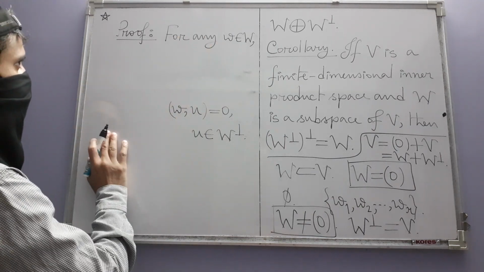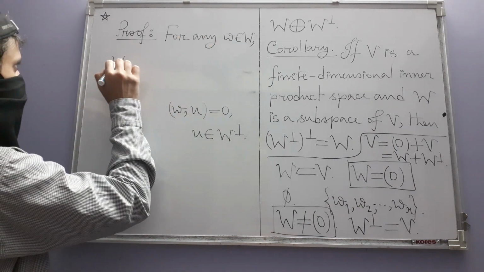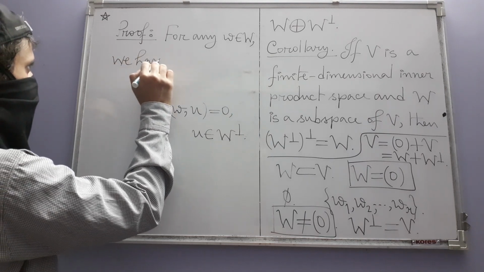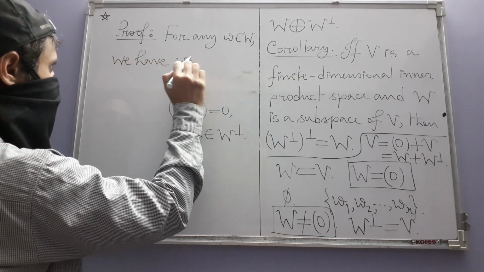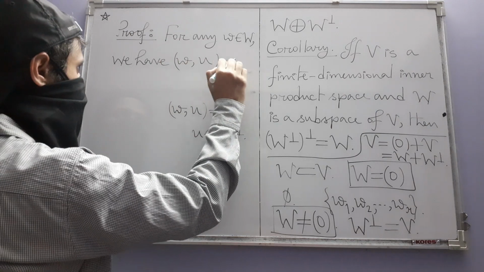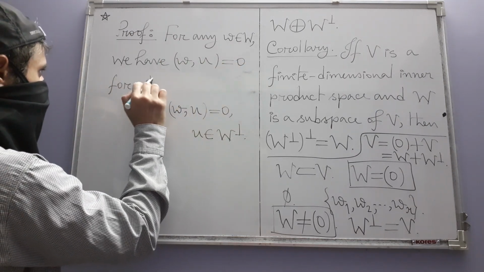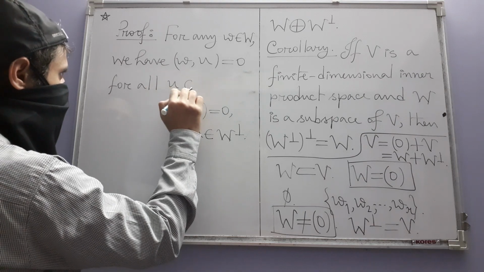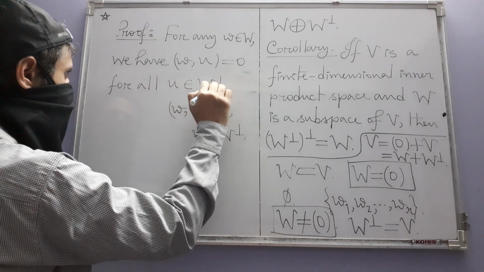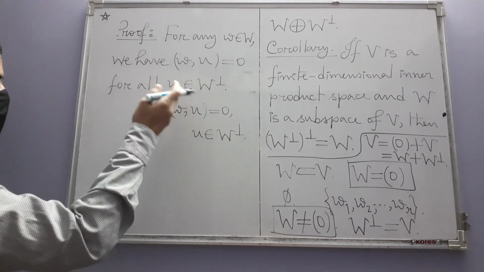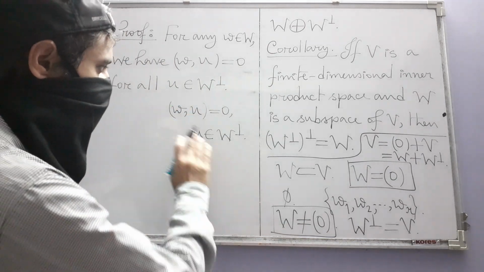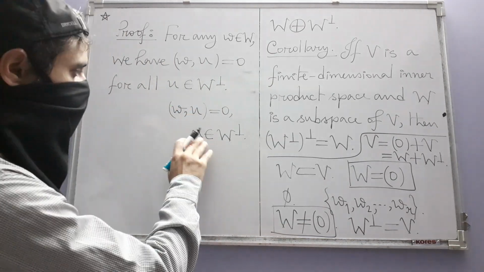So for any w in W, we have the inner product of w and u equal to zero for all u belonging to W orthogonal. So here it seems like we have just simply written what we wanted to show here.